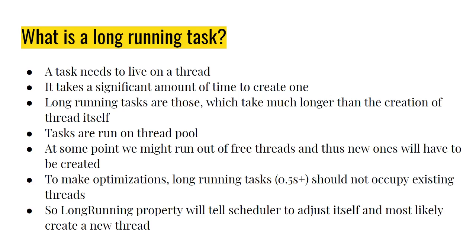So I talked about that. Sometimes we need to be sure that a task will run for a long time and a new thread has to be reserved, and we can ensure that with a property called TaskCreationOptions.LongRunning. With that, we can say that a new thread will be created and reserved.